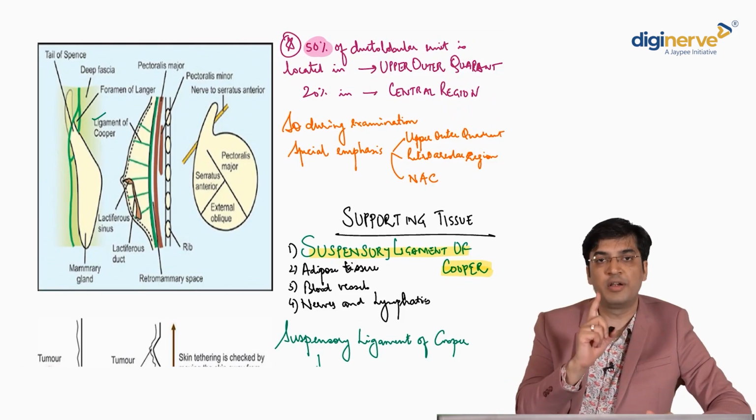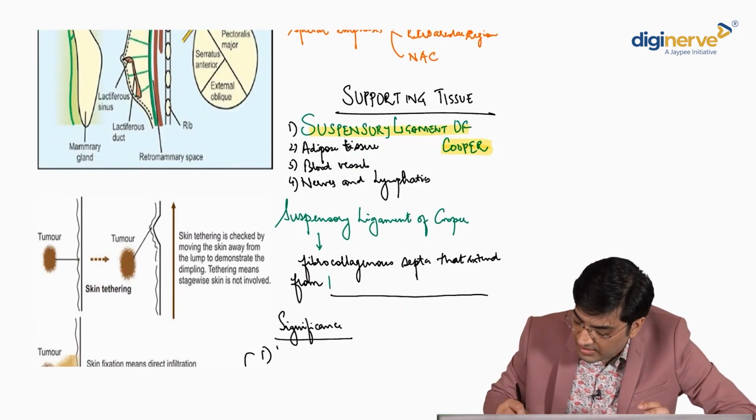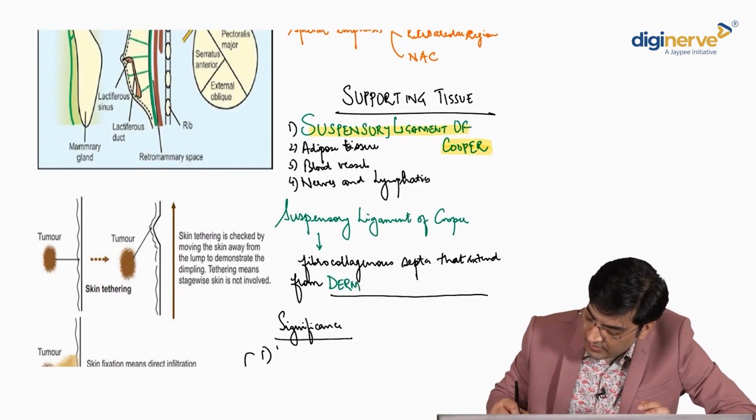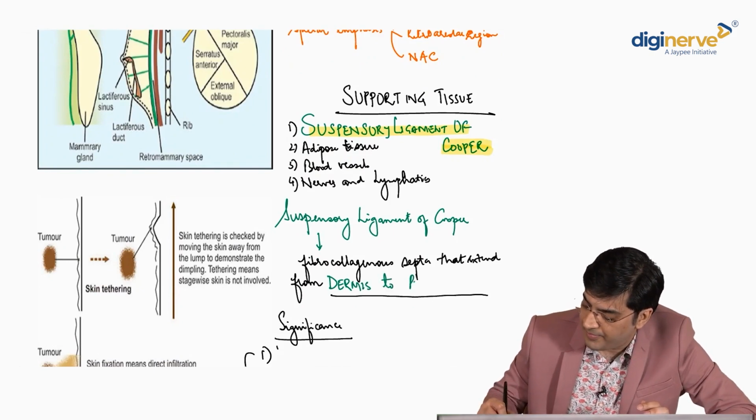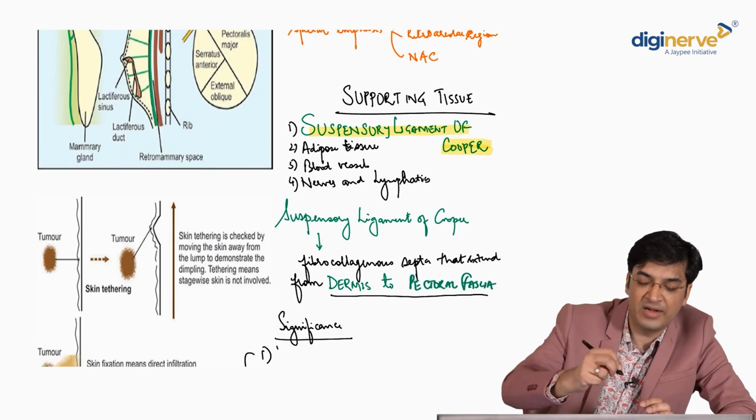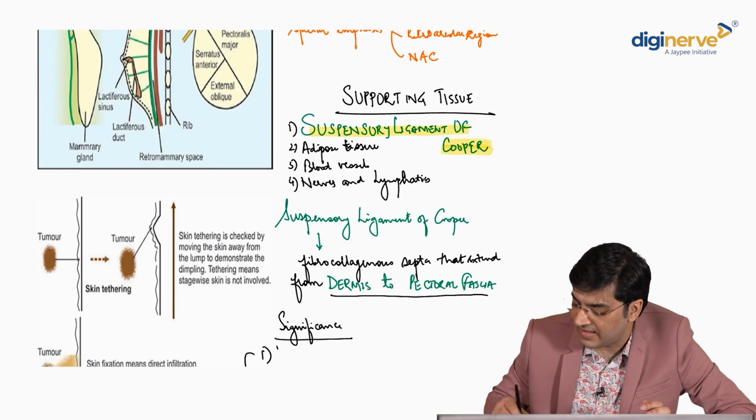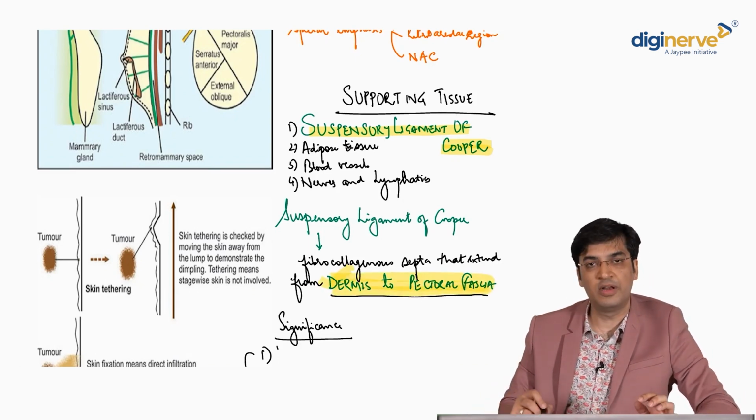Very, very important point. From the dermis to the pectoral fascia. If you remember this point, rest everything that we'll discuss now is going to become easy. That the extension is from dermis to the pectoral fascia.